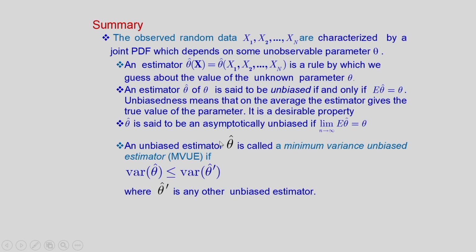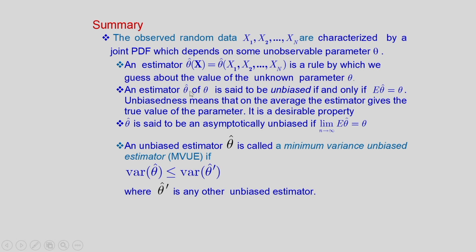Let us summarize. The observed data x1, x2 up to xn are modeled as random variables and are characterized by a joint PDF which depends on some unobservable parameter theta. An estimator theta hat of X, equal to theta hat of x1, x2 up to xn, is a rule by which we guess the value of the unknown parameter theta.